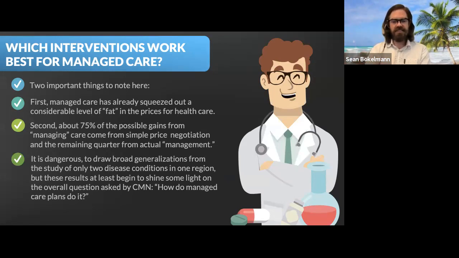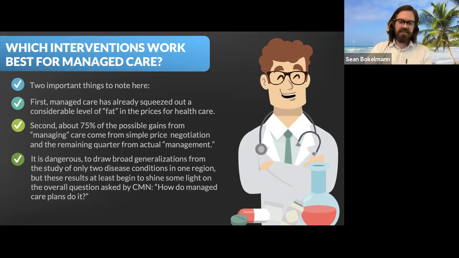But something else to note is that about 75% of the possible gains from managed care comes from simply negotiating price. The remaining 25% of gains came from the actual management. So the name itself is maybe a bit misleading, right? Maybe it should be negotiated price care or something like that rather than HMO.